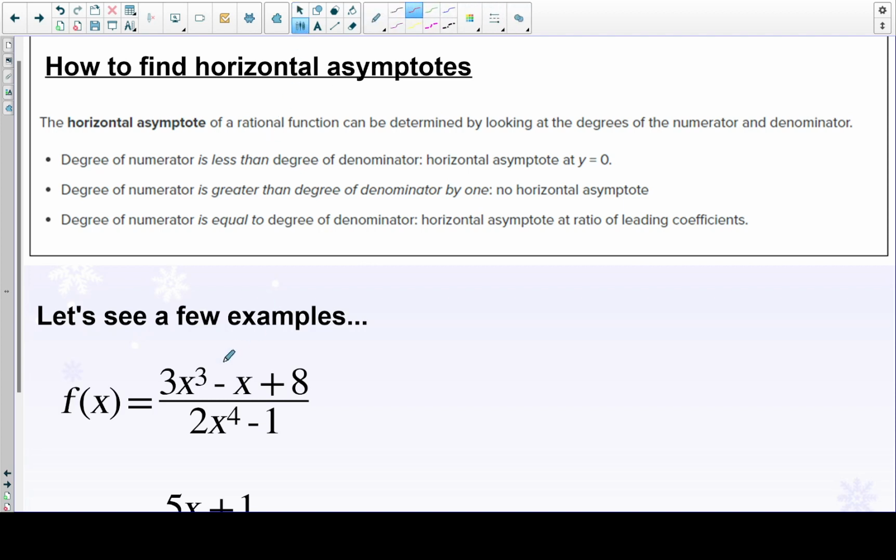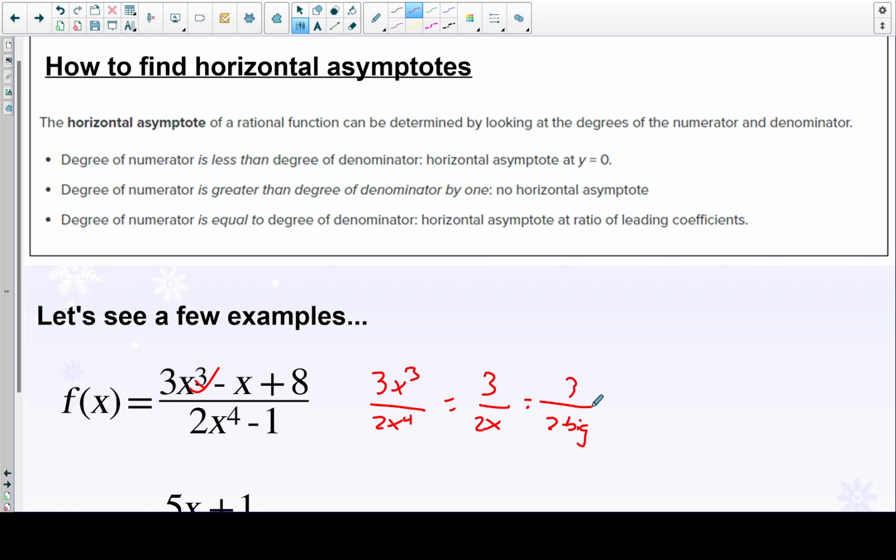And then what you have is 3x to the third over 2x to the fourth. I can cancel out 3x's, and what I'm left with is 3 over 2x. And if I try to put big into this, I get 3 over 2 times big, and we already discussed here.